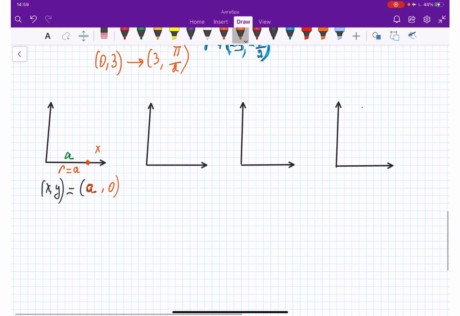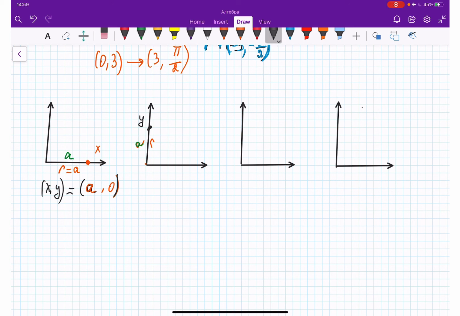So that is for the first case. Next, my point is located here on the y axis, and this is our a distance from the beginning to the point. It's the same thing as r.